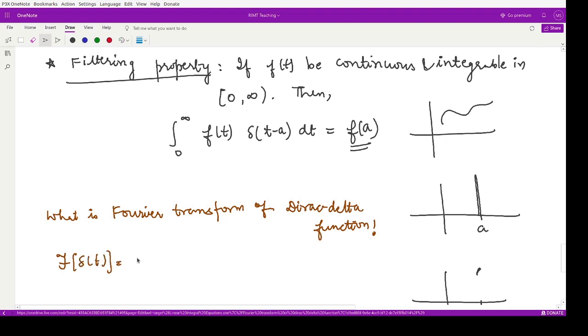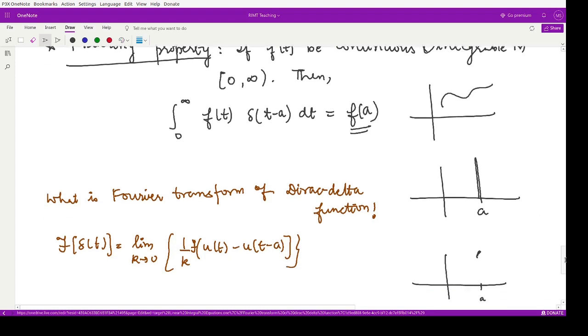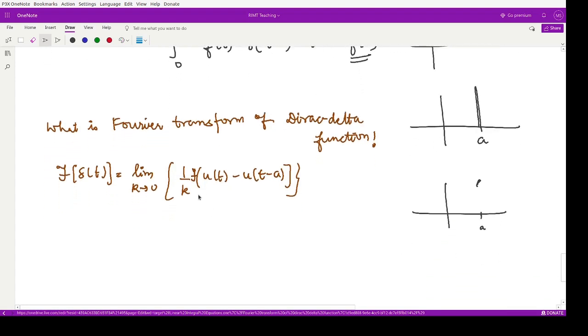So that would be the limit k tending to 0 of 1 by k, the Fourier transform of u of t minus u of t minus a. This is by definition, and because we know the Fourier transform is a linear transform, we have taken this term 1 by k out from the Fourier transform operator.